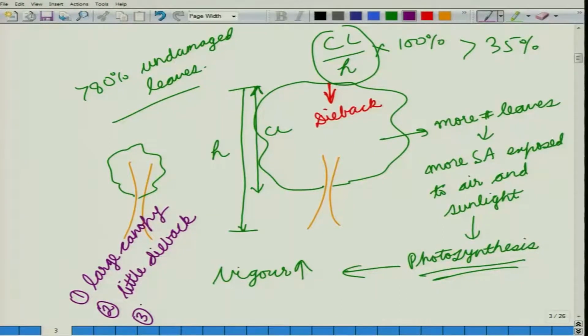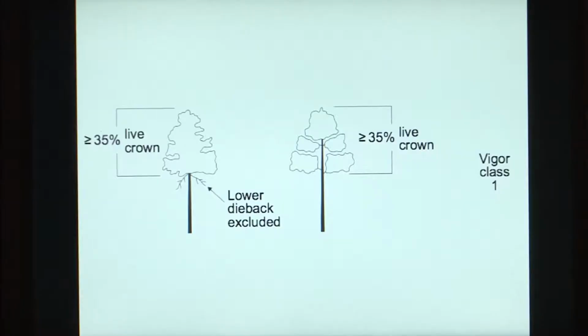Plus, even the leaves that are there are healthy, so we have little damage to leaves. So, it is a large canopy, it is a healthy canopy, and even the leaves are healthy. So, if we look back at the slides, here we are seeing saplings of vigour class 1.